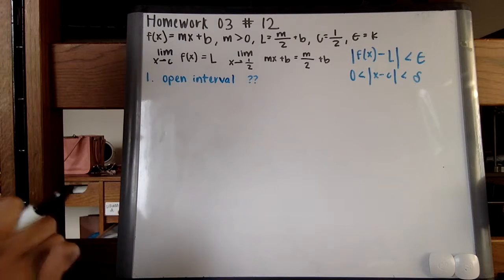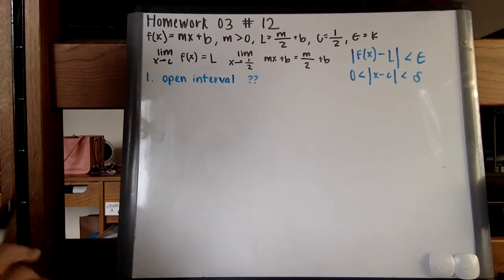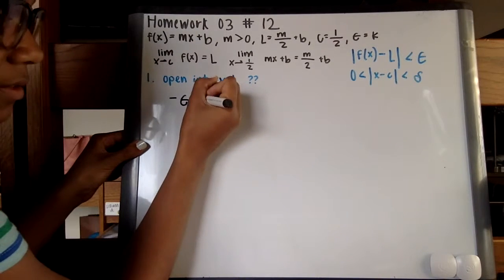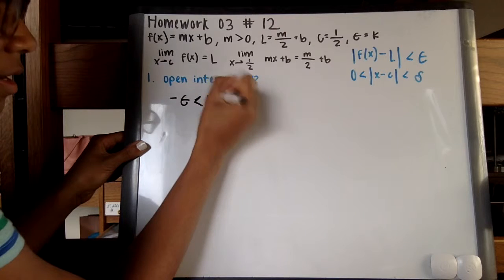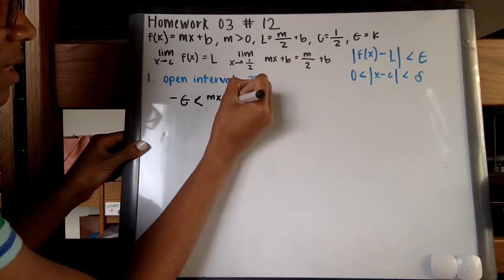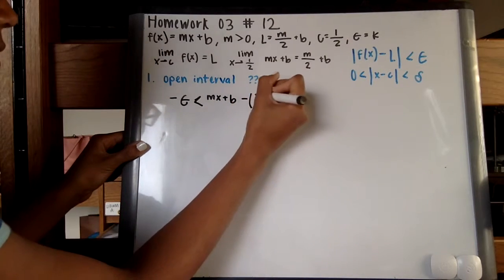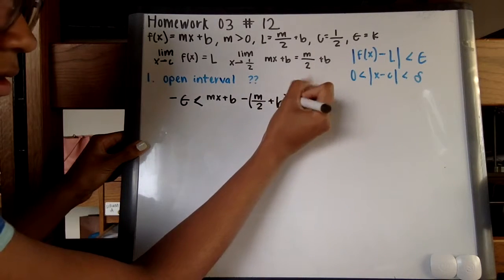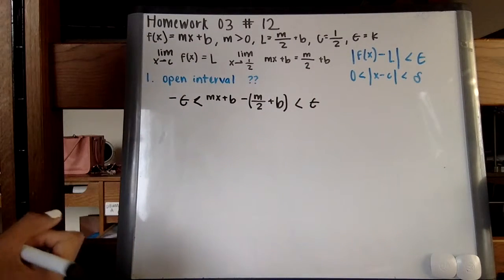Epsilon is an absolute value, so we can have a negative epsilon less than mx plus b minus m over 2 plus b, less than our positive epsilon.